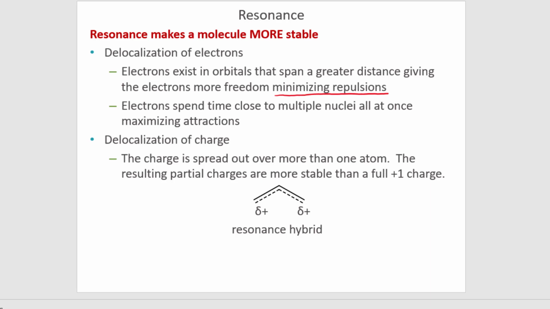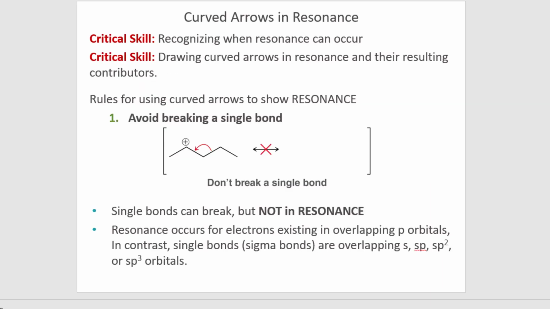The result is that those charges get diminished. Having one atom bear the burden of a charge all the time versus spreading that load and having it distributed over many atoms over time is a much better advantage for the molecule, thus lowering its energy. Lowering energy makes it more stable.